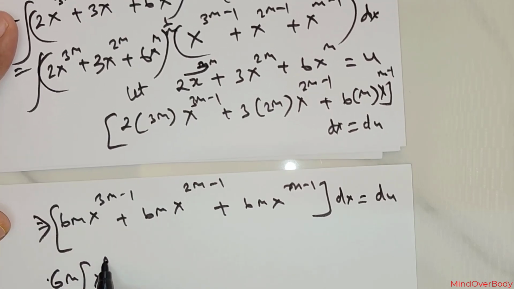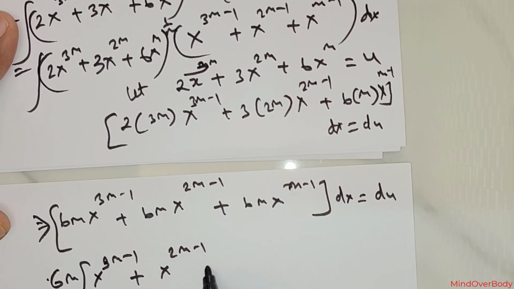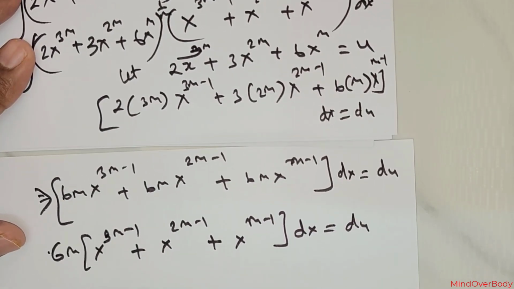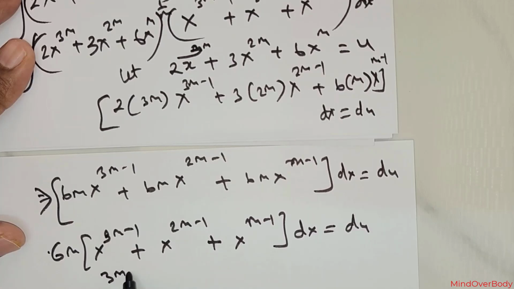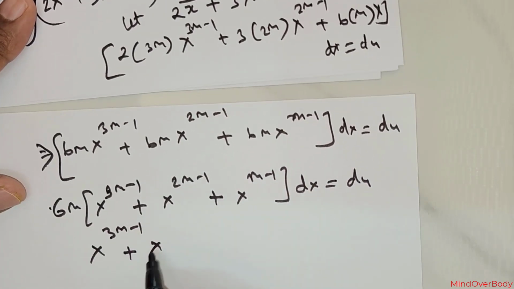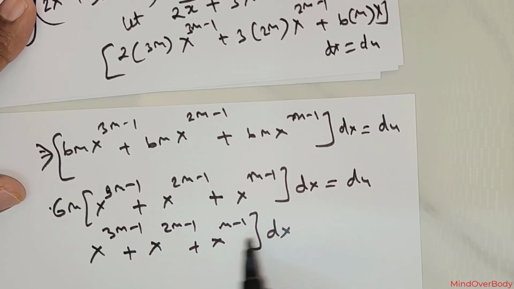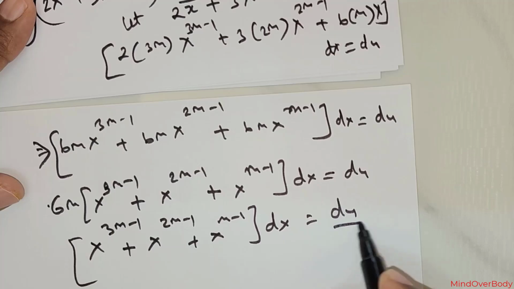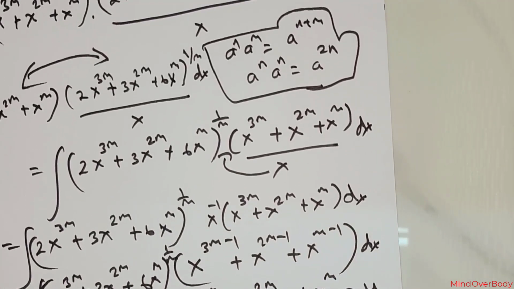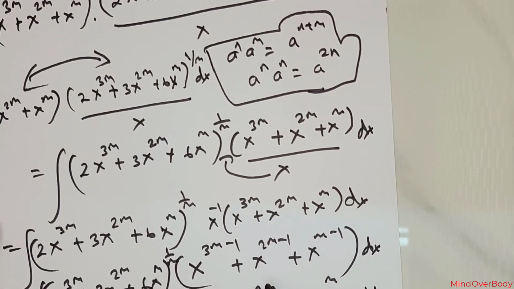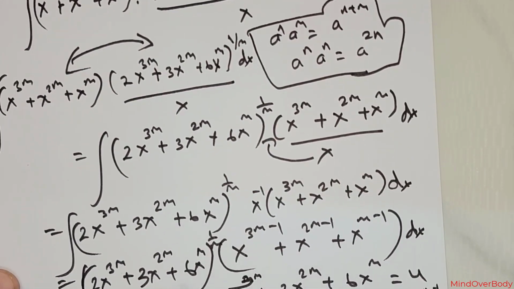This will be x^(3m-1) + x^(2m-1) + x^(m-1) times dx is equal to du divided by 6m. So go back to the step that we had obtained.